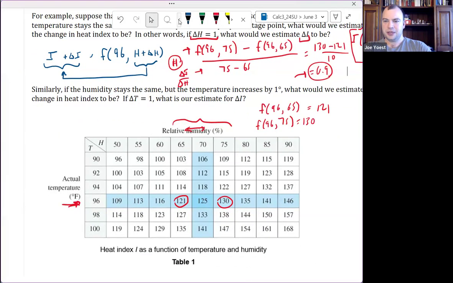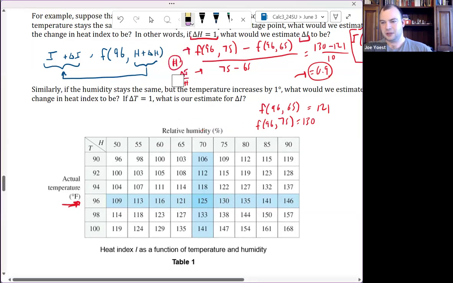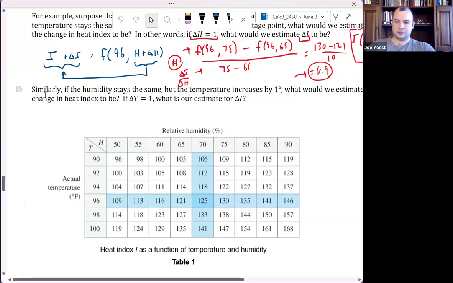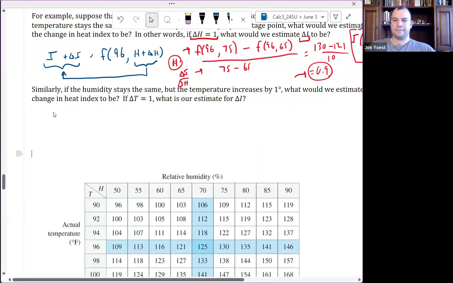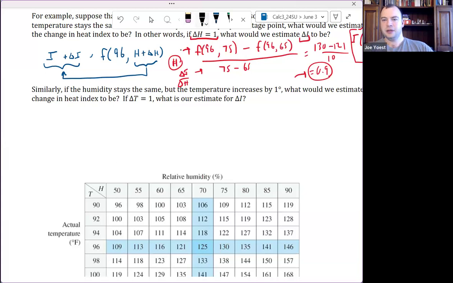We could do the same thing if we looked at changing temperature. Let me erase all of this and move this graph back down. So again, if I looked at changing temperature, what am I looking at there?